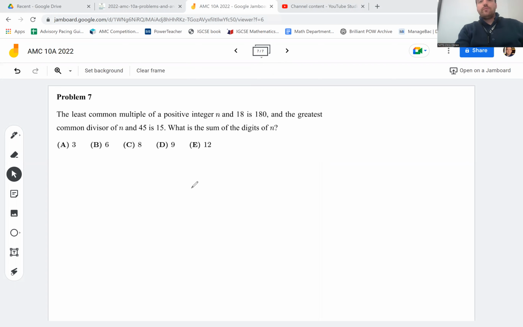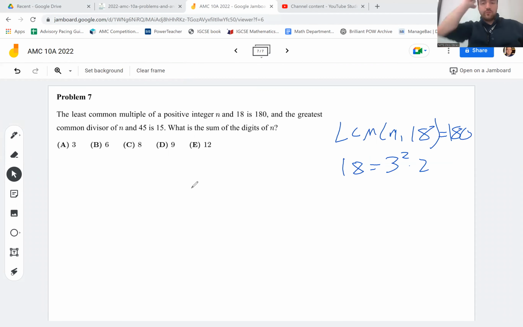Okay, so because we know the least common multiple of n and 18 is 180, that actually tells us something about n. Because 18 is 9 times 2, or in other words, 3 squared times 2, right? I'm actually going to write it as 2 to the power 1.